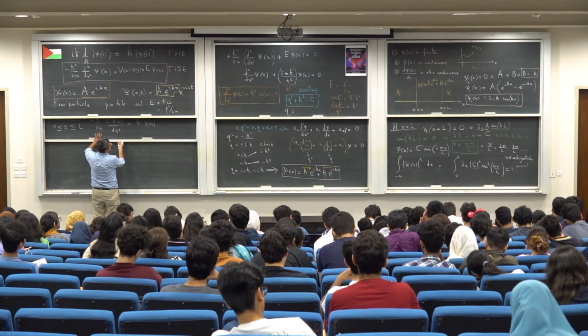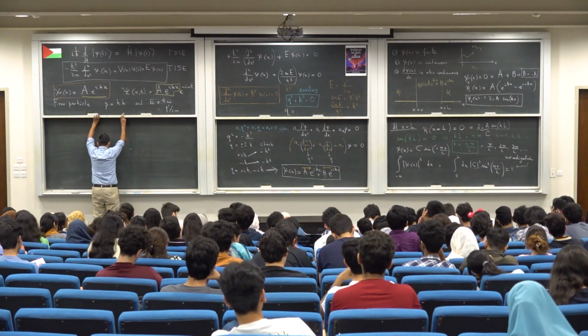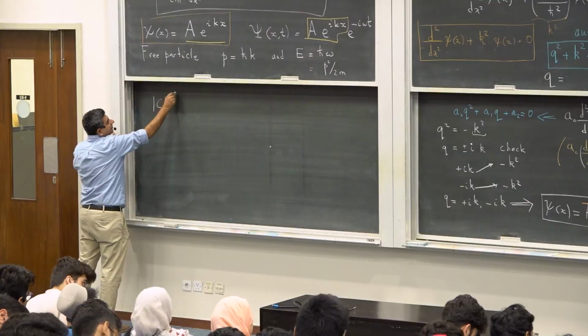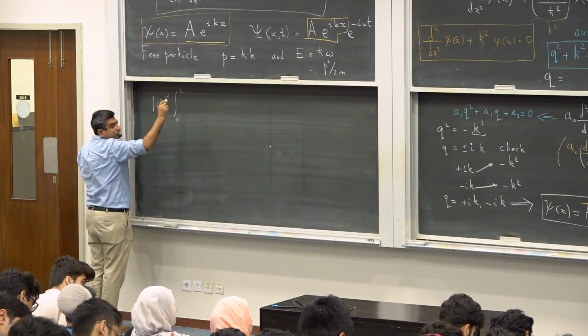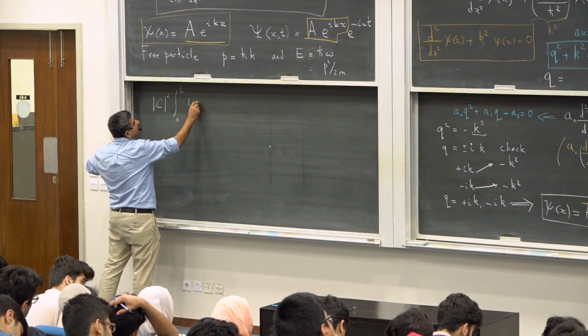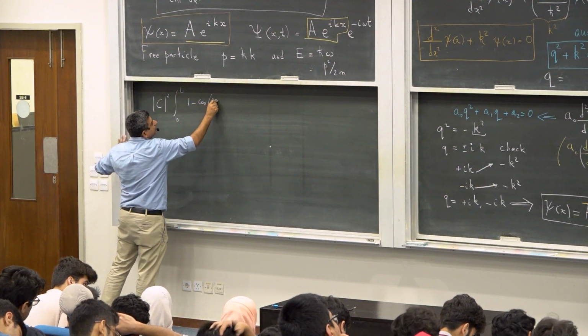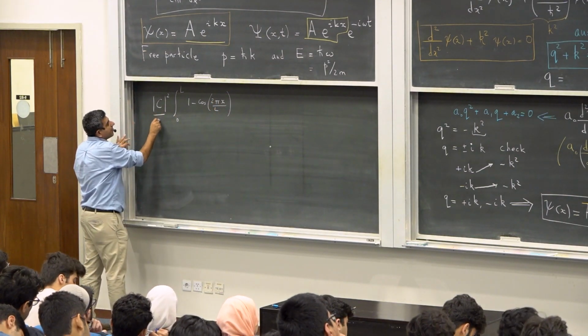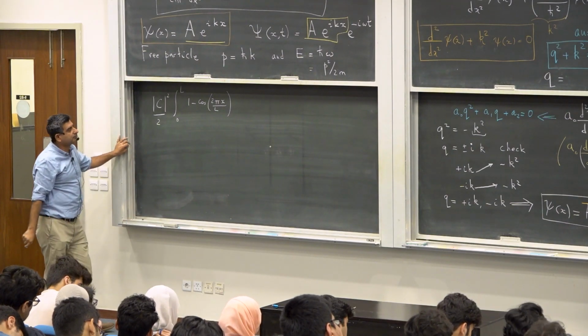In these outer regions, the wave function is 0, so I'm only concerned with the integration in the middle region. These 2 regions give me 0, big zeros. So I'm only concerned with the integration over here, from x equals 0 to x equals L.